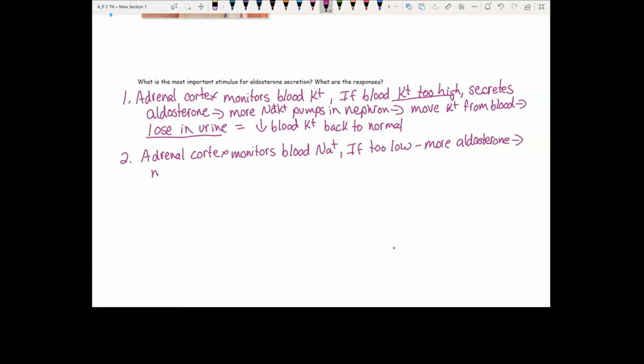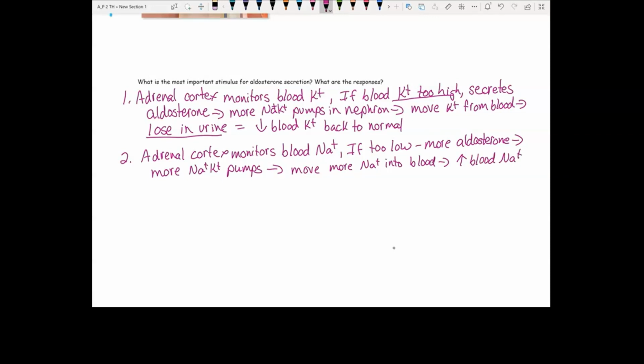This makes you have more sodium potassium pumps, and you will move more sodium into the blood. And so the result is you increase your blood sodium.